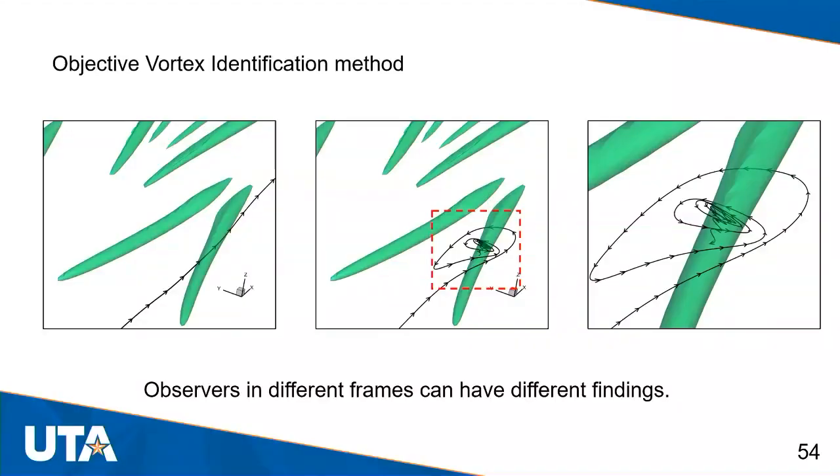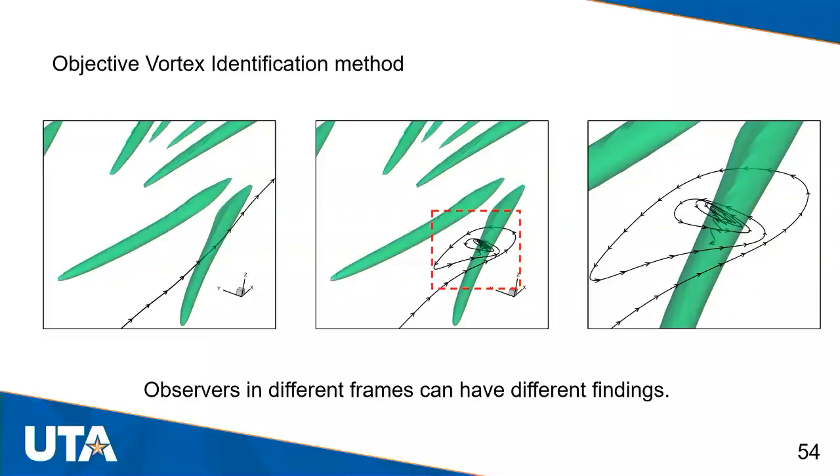So this figure shows you the streamlines in different frames. In the first inertial frame, the streamline is like a straight line, right? So we cannot tell any rotation from the streamline.